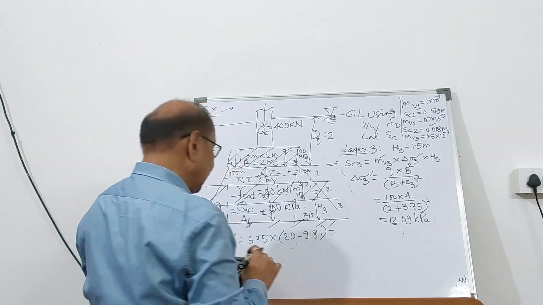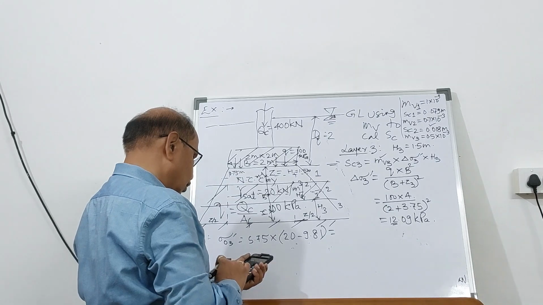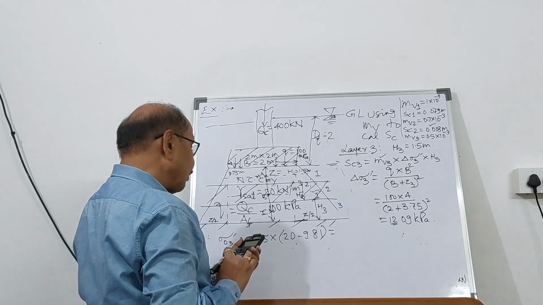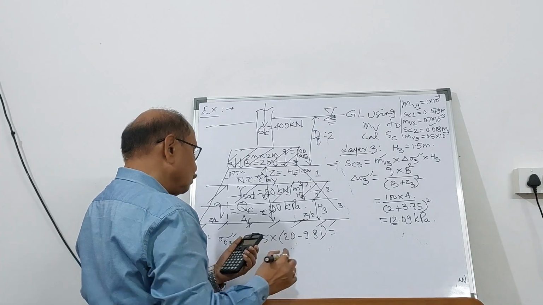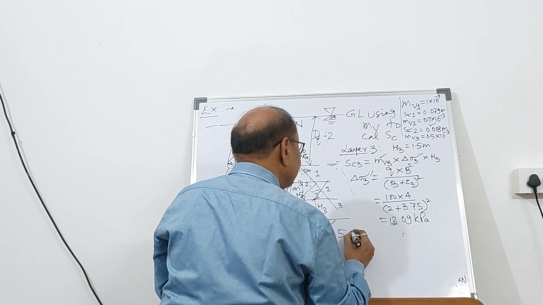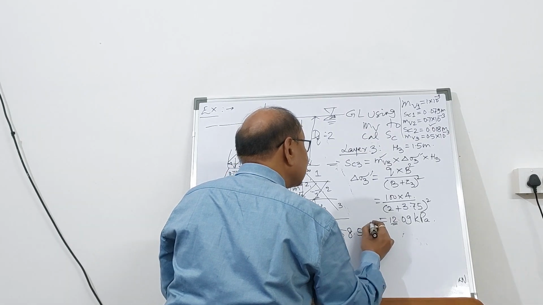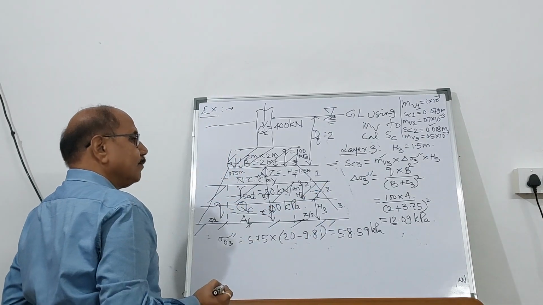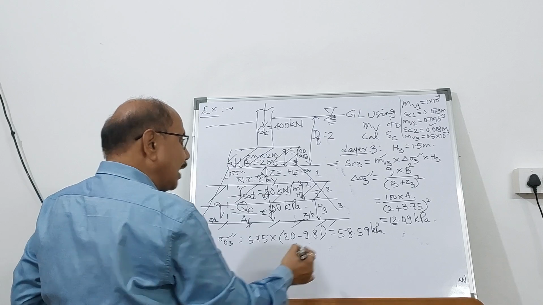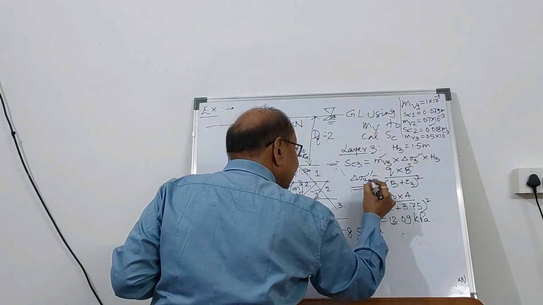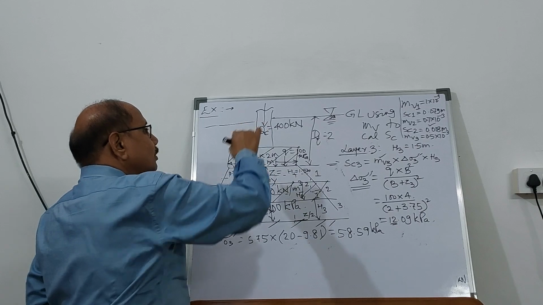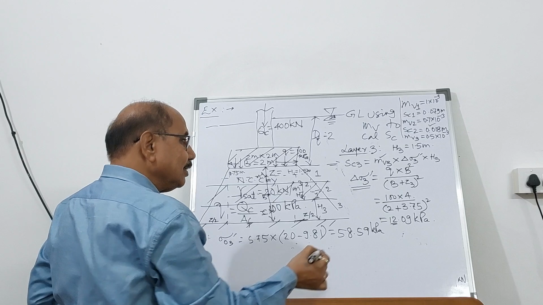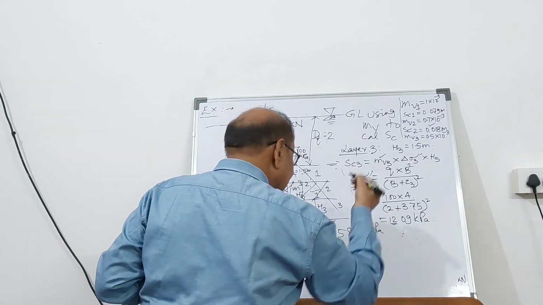This becomes equal to 10.19 multiplied by 5.75 equal to 58.59 kilopascal. So the effective overburden pressure has increased continuously as you go down, but the increase in pressure post loading after construction of the footing is going to decrease.